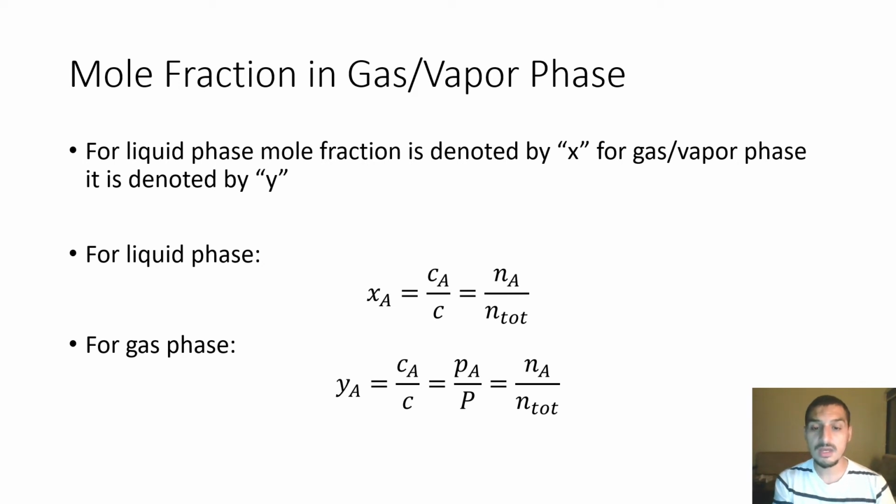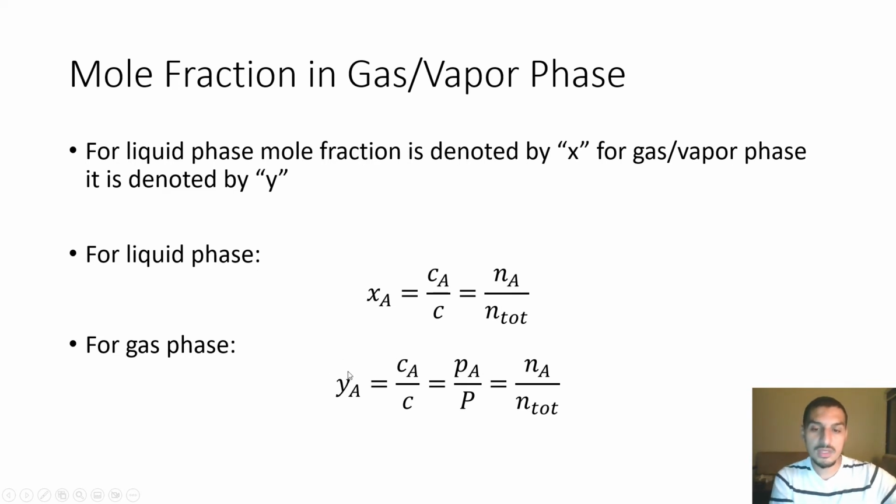For all these, we write equations that include both mole fractions in the same equation, so you have to distinguish between them, and that's why we put the mole fractions in different symbols. And this is the reason.